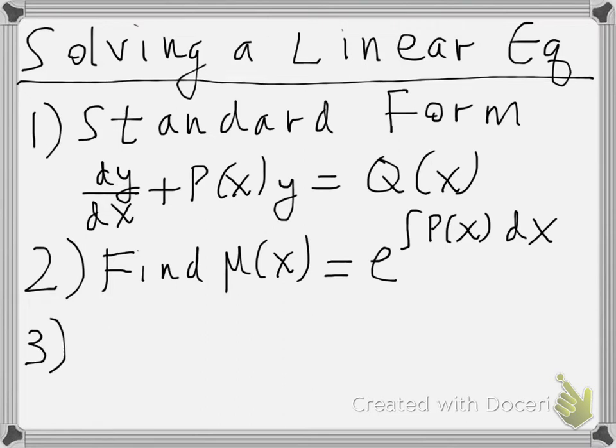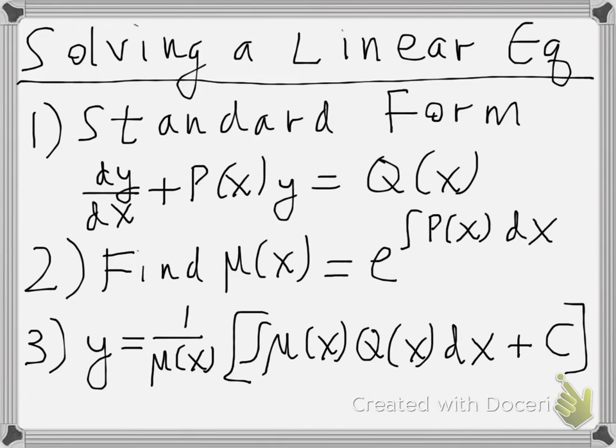And then step 3, the solution to the differential equation is given by the formula y equals 1 over mu of x times the integral of mu of x q of x dx plus c, where again we have the plus c in the brackets to remind us that the constant of integration from that integral also gets multiplied by the 1 over mu of x.